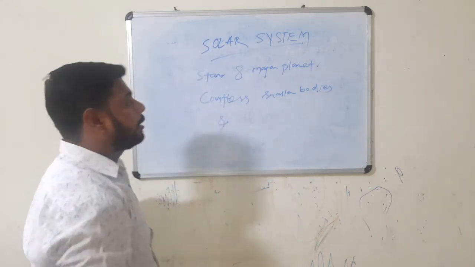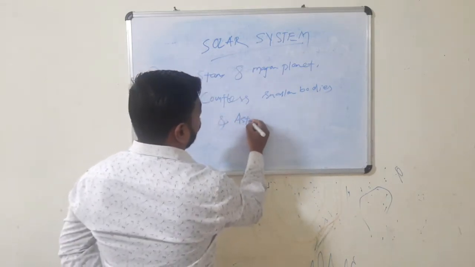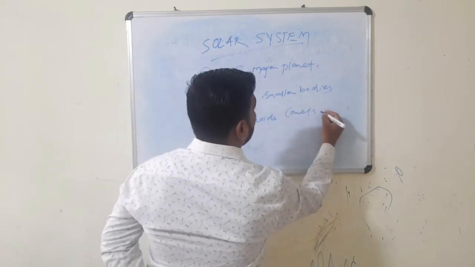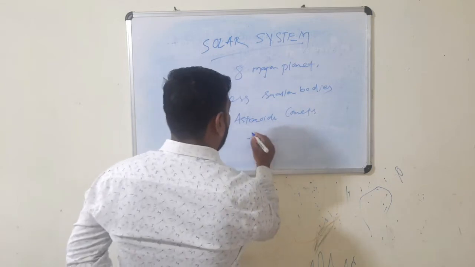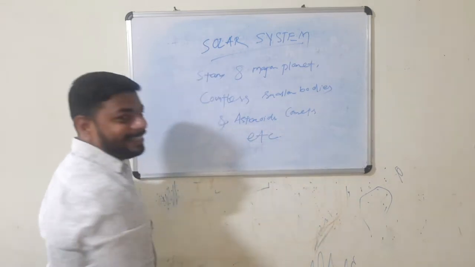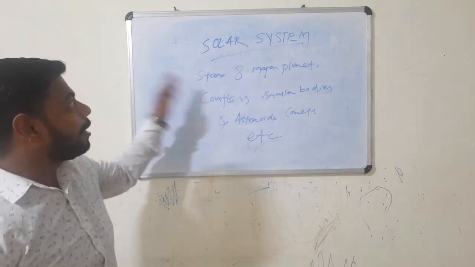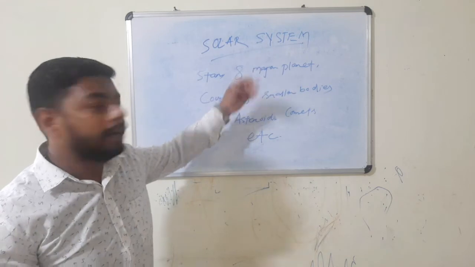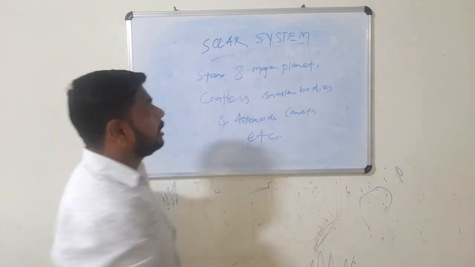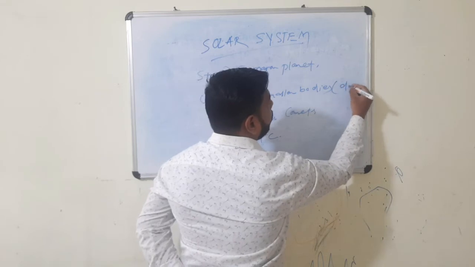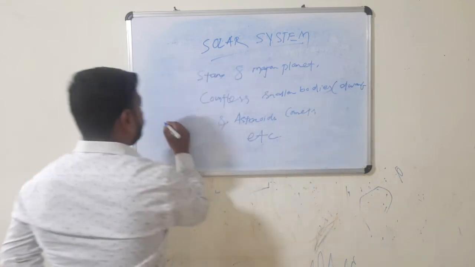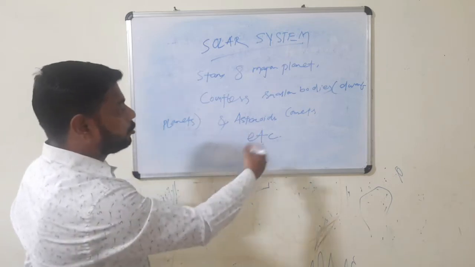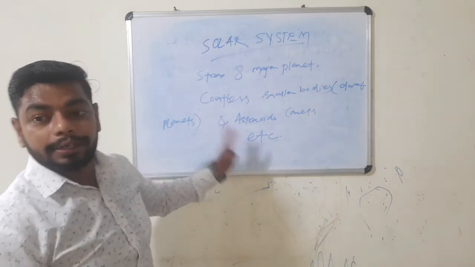So our solar system comprises a star, that is the sun, eight major planets, then countless smaller bodies that further include dwarf planets, asteroids, comets, meteorites, etc.